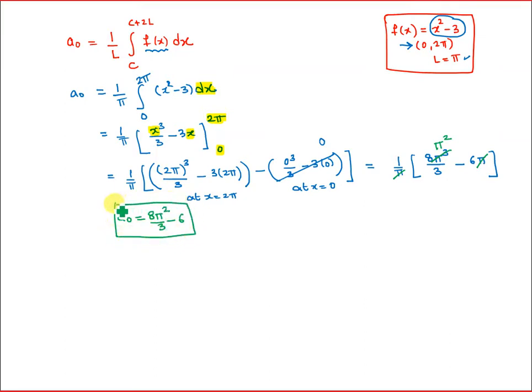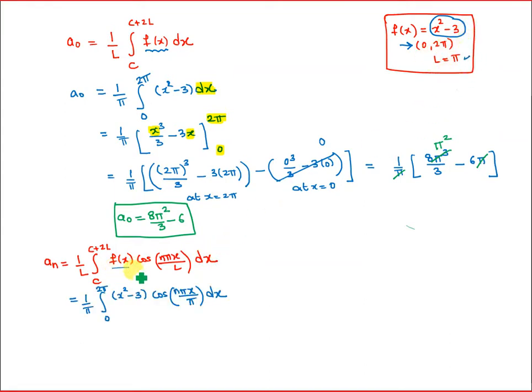Next we will calculate An, which is given by the formula 1 over L, integral from C to C plus 2L, f(x) cos(n pi x over L) dx. Substituting the values from here, what we did is replace f(x) by x square minus 3, L by pi, and the limits of integration.